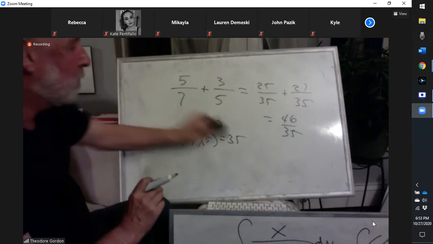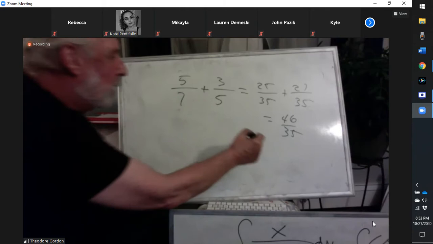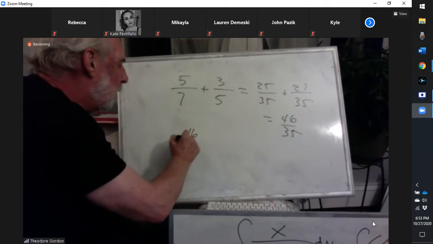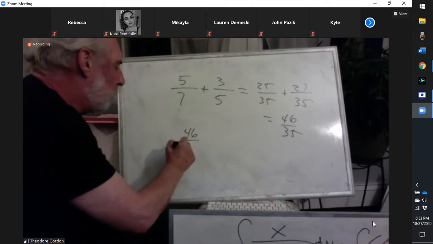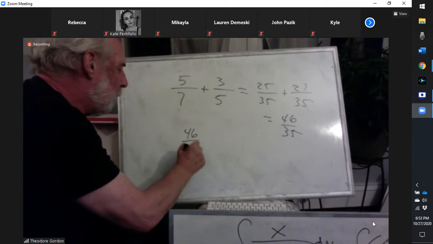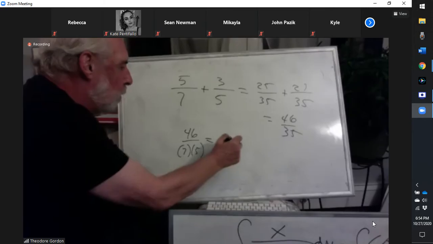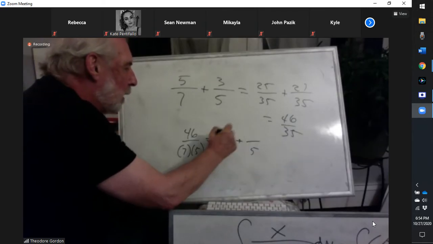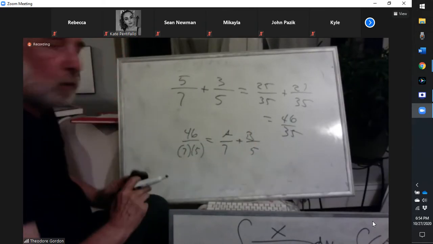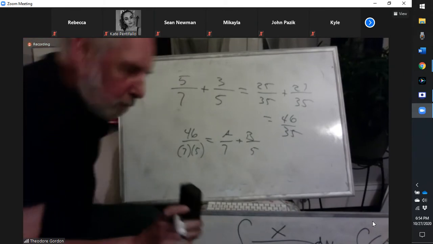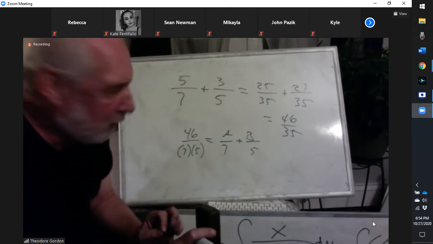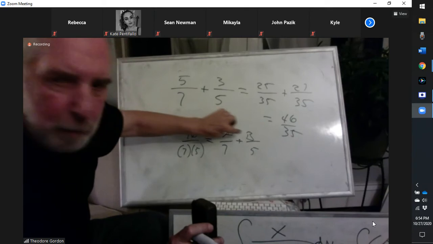When we break this down, we can see that 46 over 35, where 35 is 7 times 5, breaks down into two fractions like this with numbers on top. Our job in this section is to figure out what these numbers are.